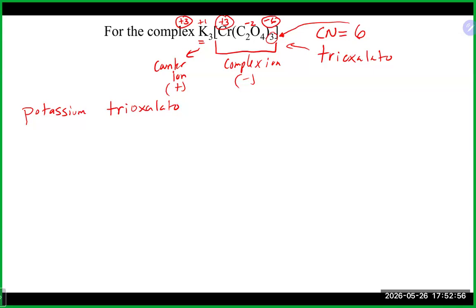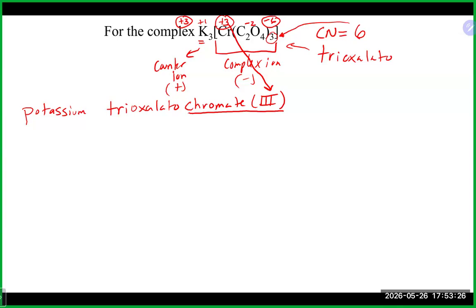Because our complex ion is negative, we will use the older-school name, the one that ends with ATE. So instead of chromium, this is going to be chromate, with Roman numeral 3 for the +3 charge. As we talked about last time, the metal name always comes at the last part of the complex ion name, which it does in this case.